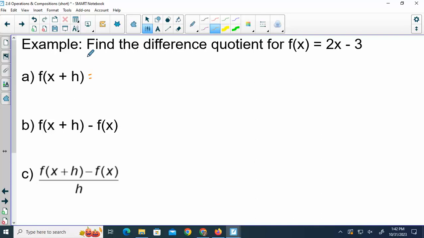So when I say find f of x plus h, I'm saying you go to your equation and you replace the x with x plus h. So I'm not giving you a number to plug in, I'm giving you an expression. Really, all I could do at this point would be to distribute my 2. So we get 2x plus 2h minus 3, but that's it. That's as far as I can go.